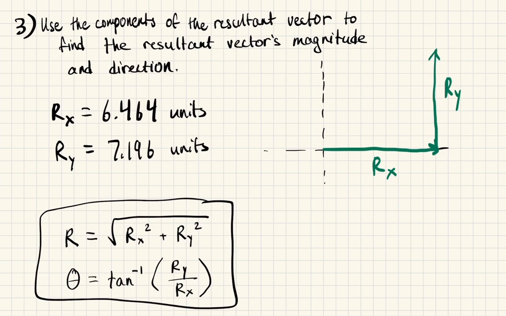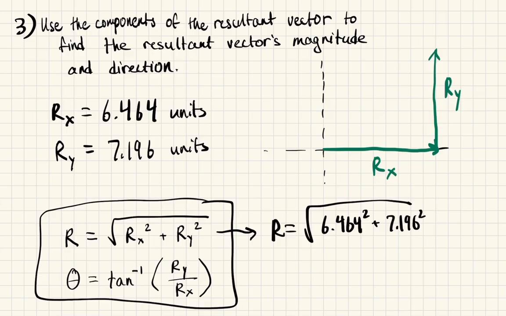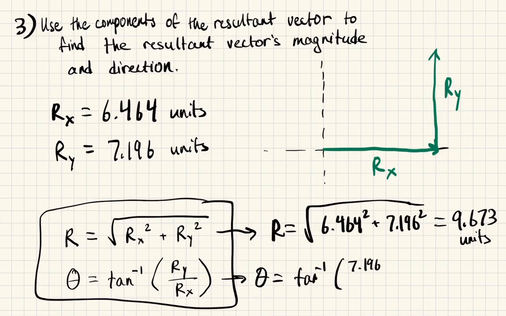And so first, let's find the magnitude of the resultant vector using its components. And so we would just do the square root of 6.464 squared plus 7.196 squared, and this would give us 9.673 units, and the angle, so the direction, would be the inverse tangent of the magnitude of the y component over the magnitude of the x component.